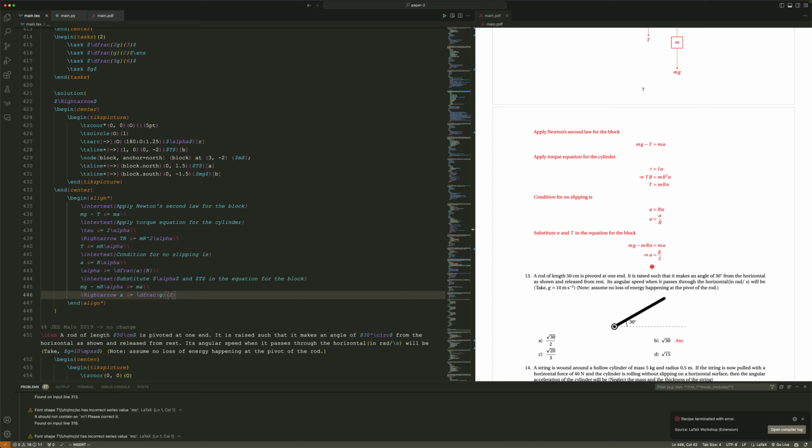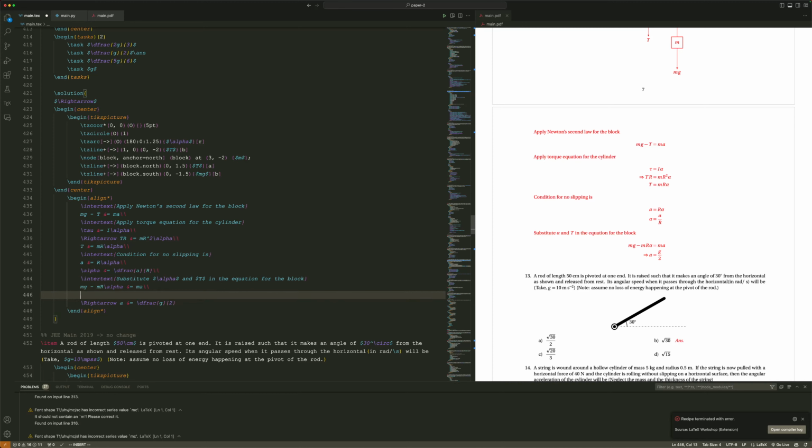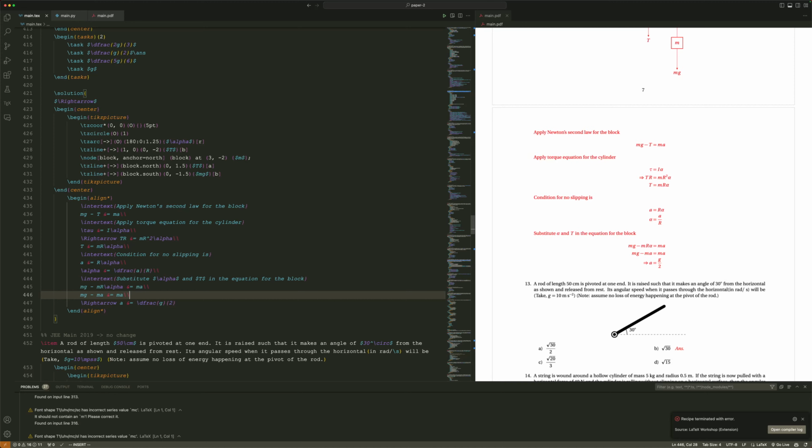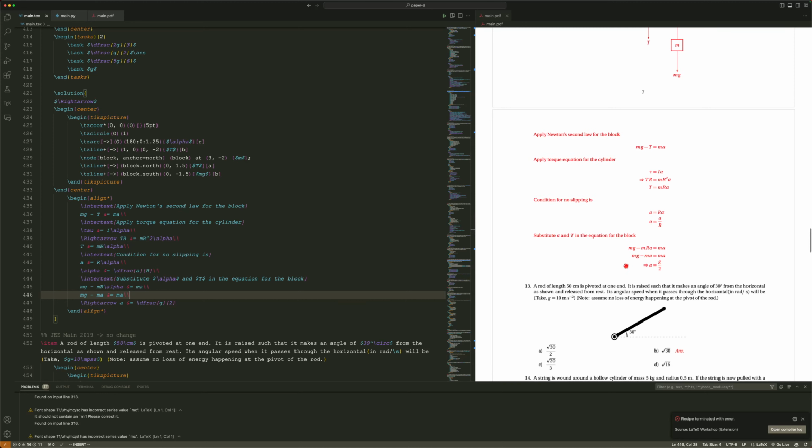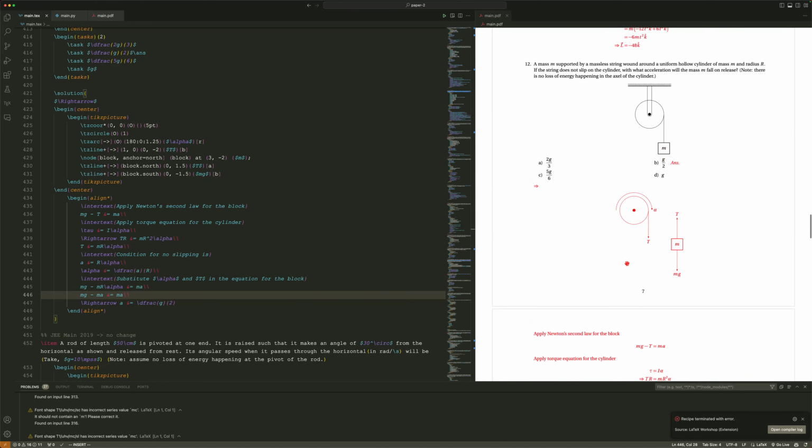And then the expression is g by 2, which is the acceleration.